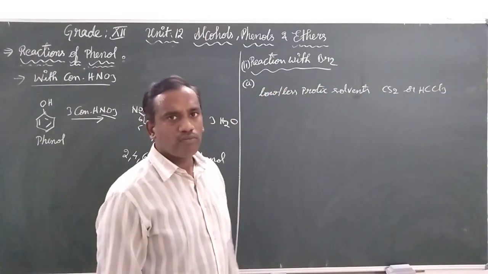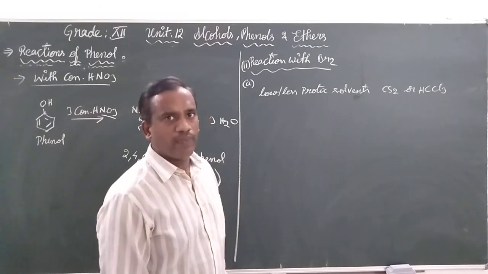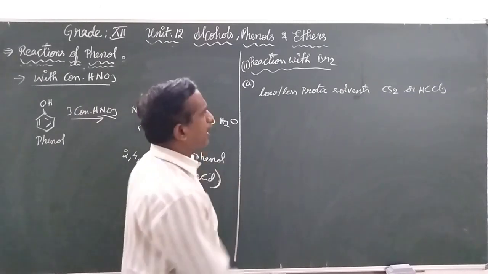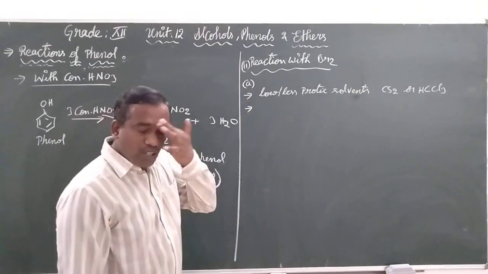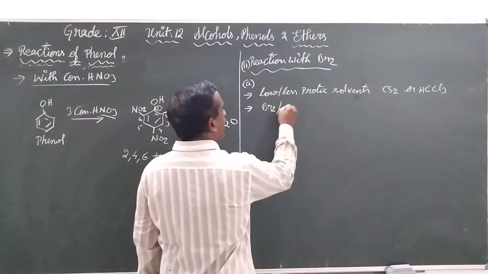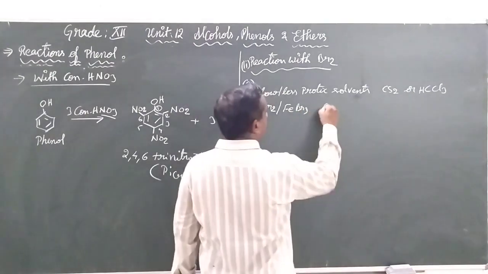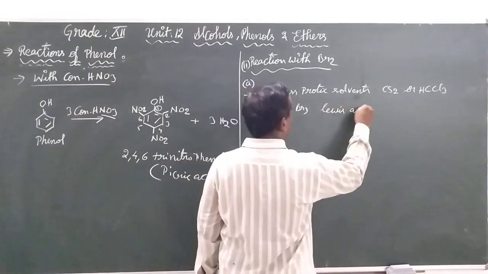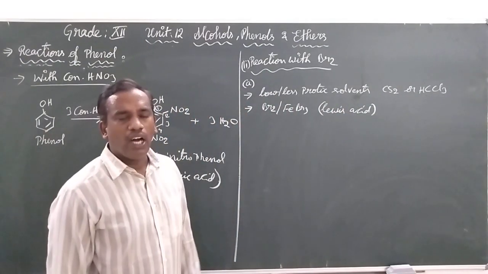We can get the ortho and para product. Here you can use the bromine in the presence of a Lewis acid like FeBr3 also.